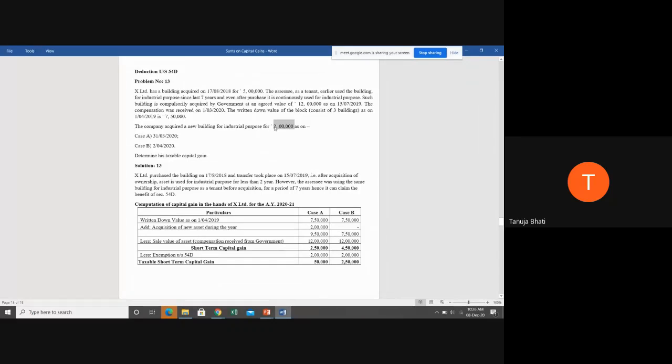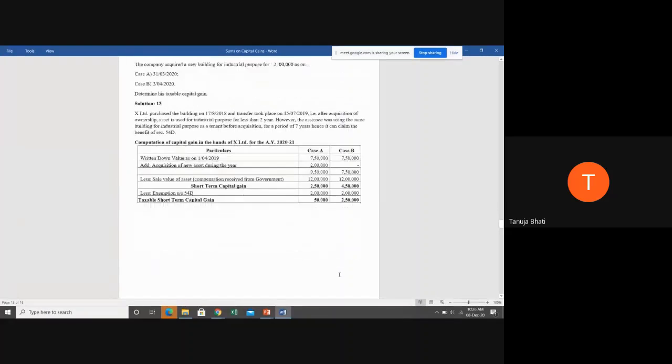So which is lower, 2 lakh or 2,50,000? 2 lakh is lower. So deduction you will get is the lower of the capital gain or the cost of the new building used for industrial purpose, whichever is lower. So 2 lakh and here 2 lakh. So what is the taxable short-term capital gain on which tax is to be levied? It is 50,000 and 2,50,000.